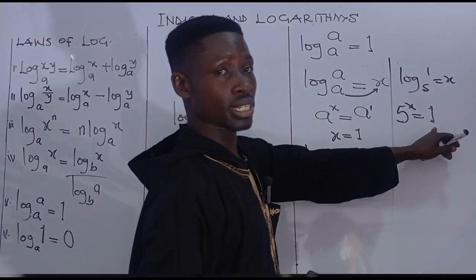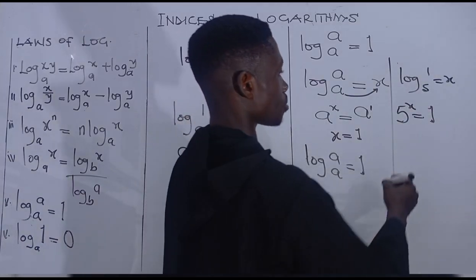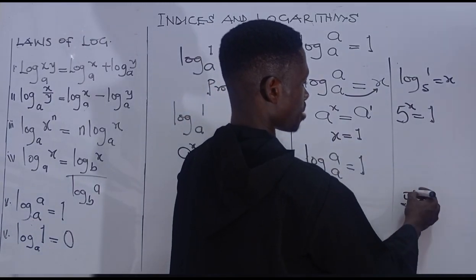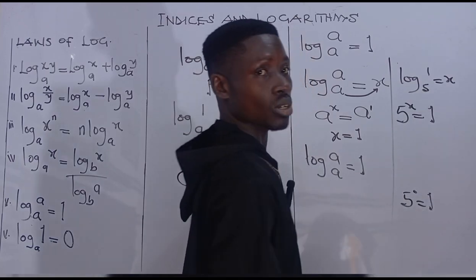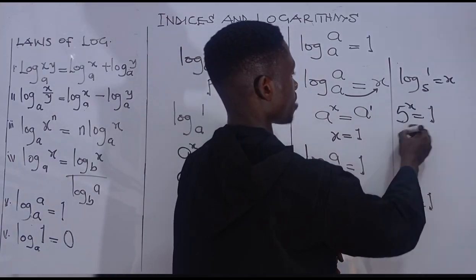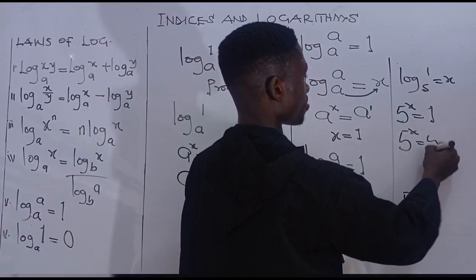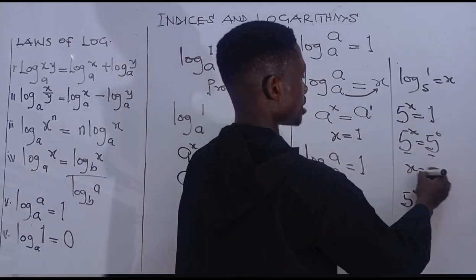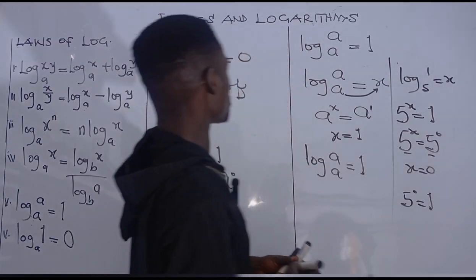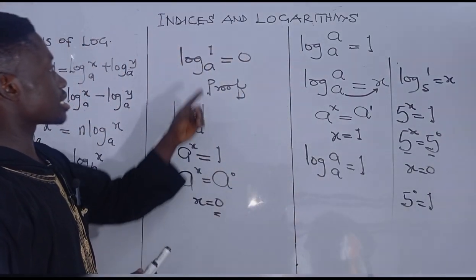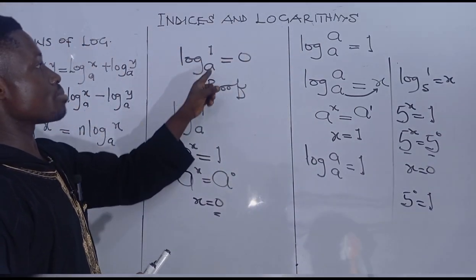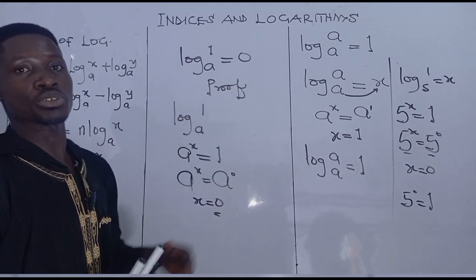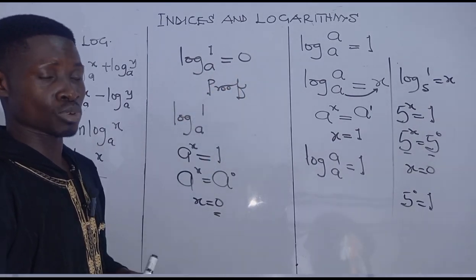Now we can write 1 in index form as 5 raised to the power 0, because this will give us 1. So you have 5 raised to the power x is equal to 5 raised to the power 0. Since the bases are the same, we equate their exponents. So we can therefore conclude that the logarithm of 1 to the base of any number gives you 0. That is the second property.